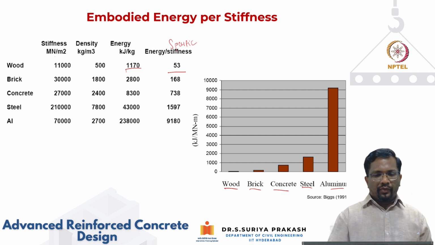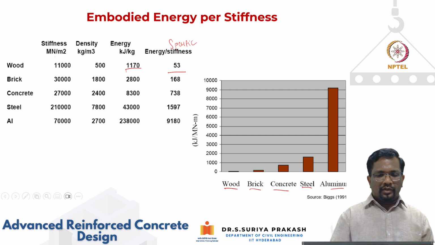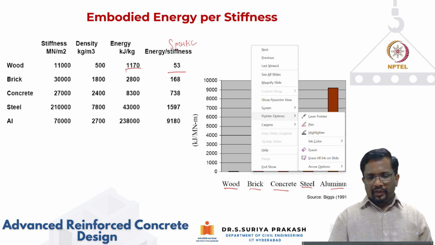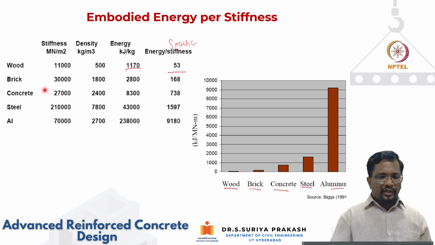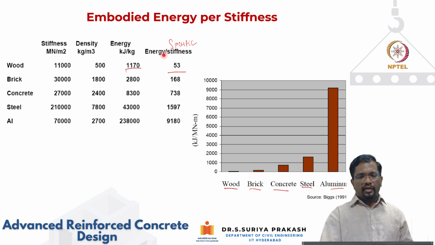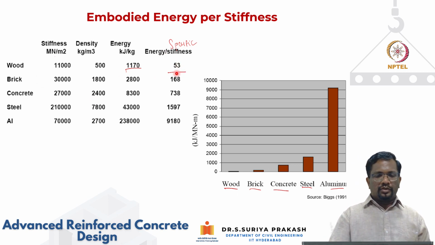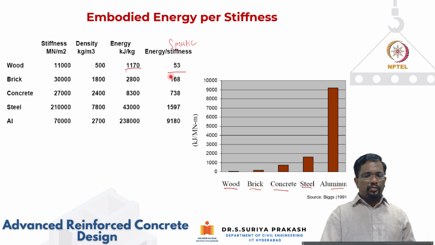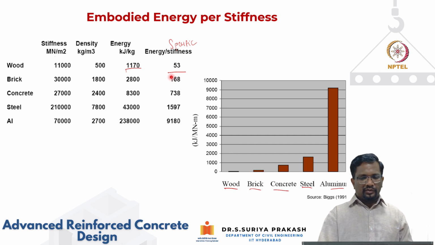So if you compare the different materials, wood's energy per specific stiffness is about 53, brick is about 168, concrete is about 738, and steel is about 1597.